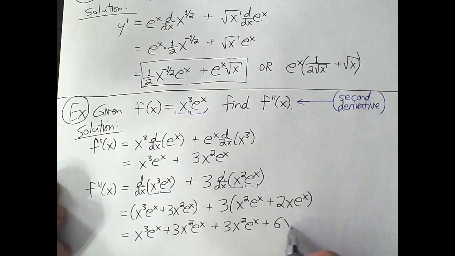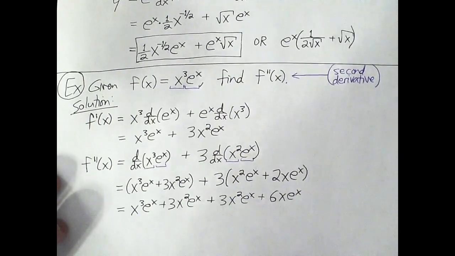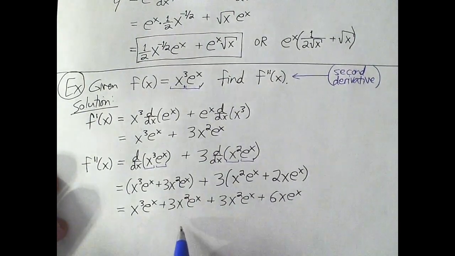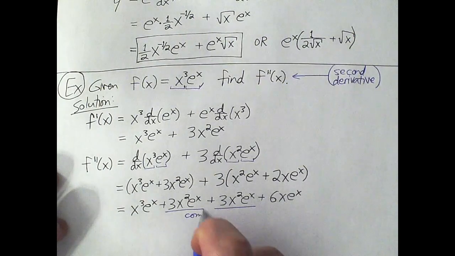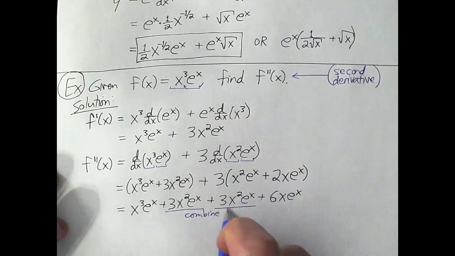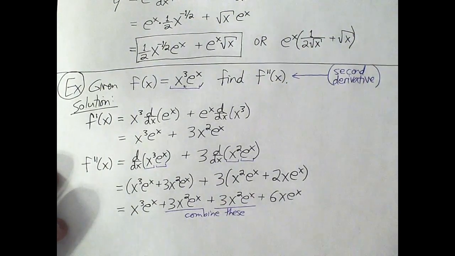So this 2 becomes a 6. The reason why it's important to do that is because then I notice, hey, wait a second, I have a 3x squared e to the x plus another 3x squared e to the x. Those can be combined, and they should be combined in order to get a simplified answer.